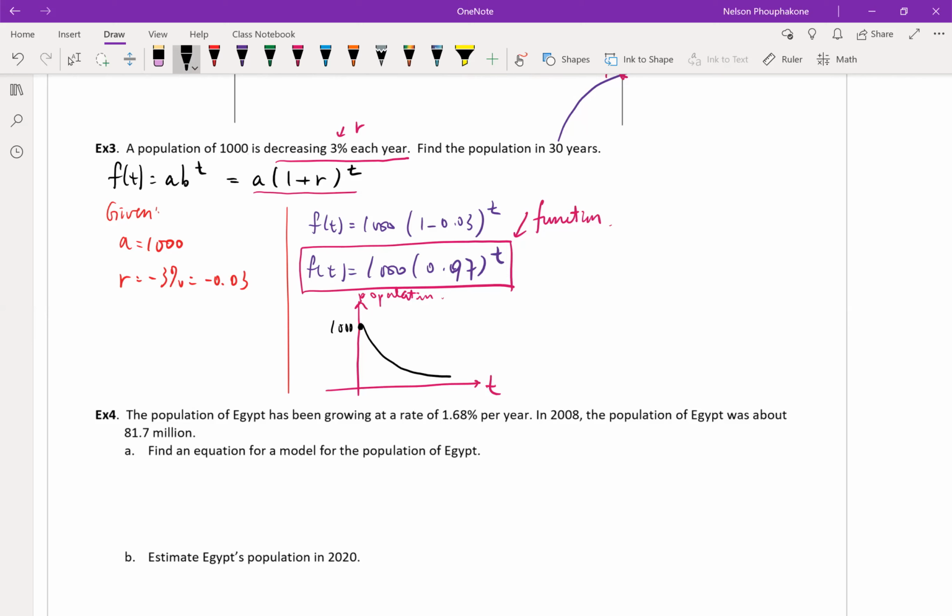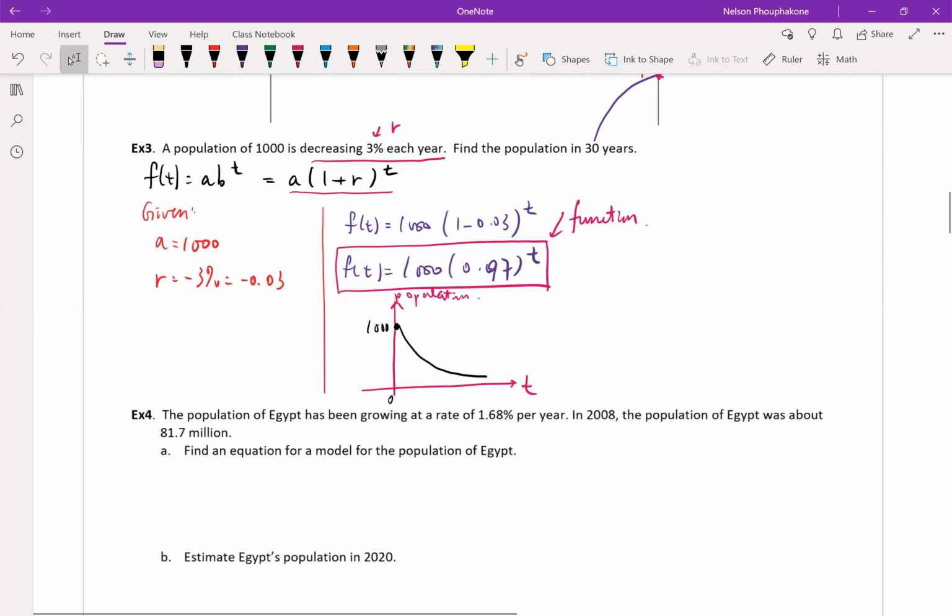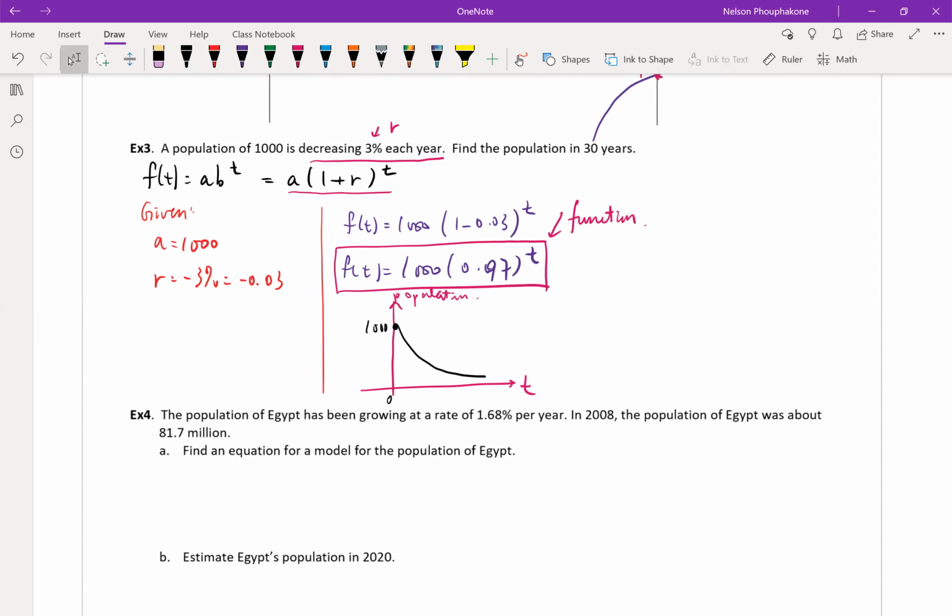I don't have any data to the left of t equal to 0, this line. The reason is it doesn't make sense to have any data before the starting time. A population of 1,000, so we know that here, 1,000. And the function is decreasing, because this number right here is less than 1.